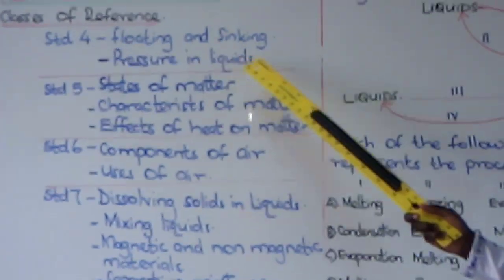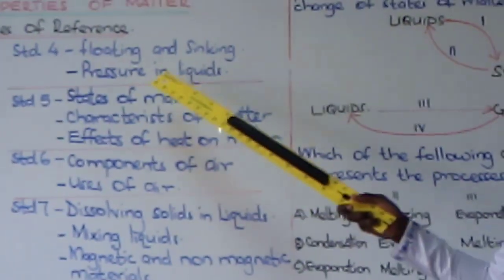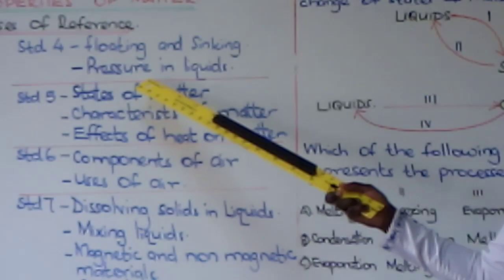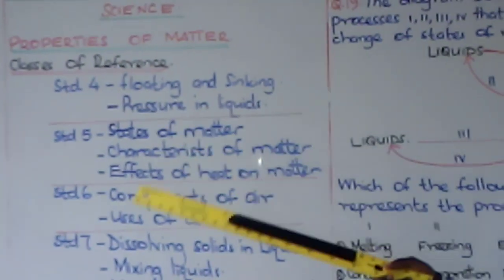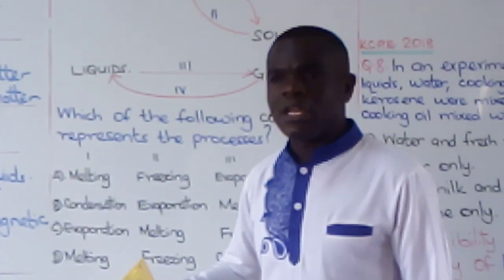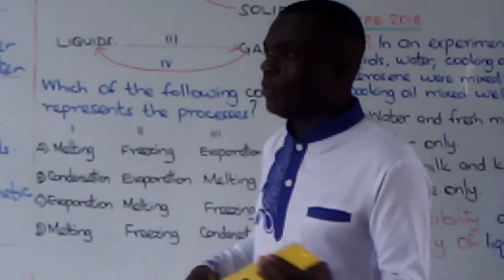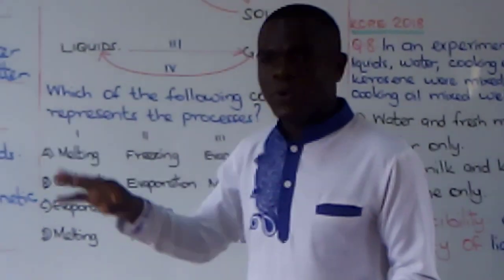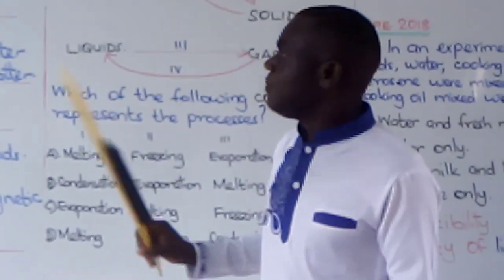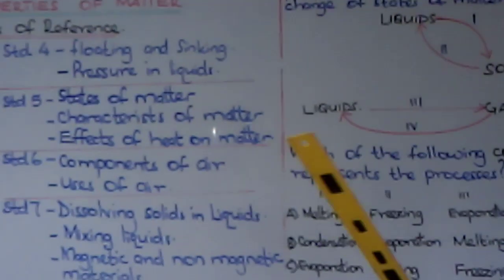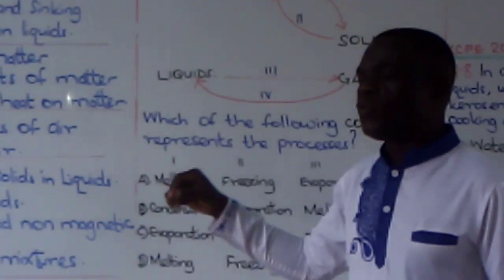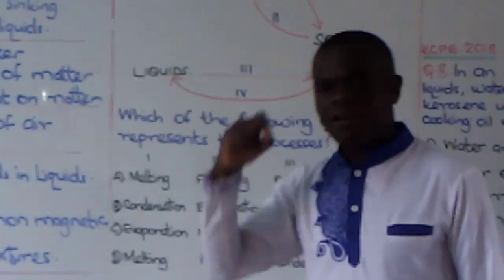Pressure in liquids. You really played with polythene bags and boreholes and squeezed the water out of the polythene bags, and the water was flowing. Sometimes you made holes in tins and you saw which hole threw the water far. That is in class 4.